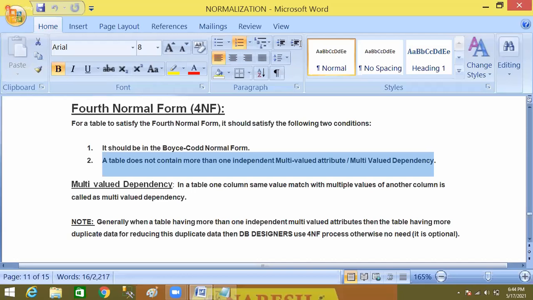When you separate them, the multi-value dependency problem is overcome. If you don't separate them, the table has this problem.